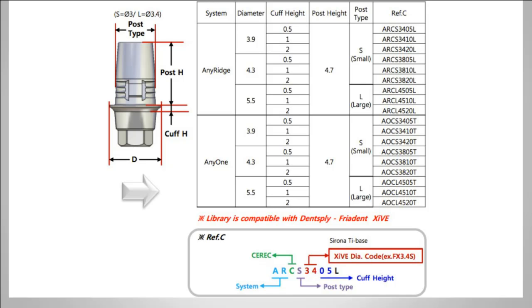So the connection that you see here is meant for the Megagen AnyRidge system. This tie base is manufactured by Megagen, and it's designed to act as an interface between the CEREC milled restoration and the AnyRidge implant system.